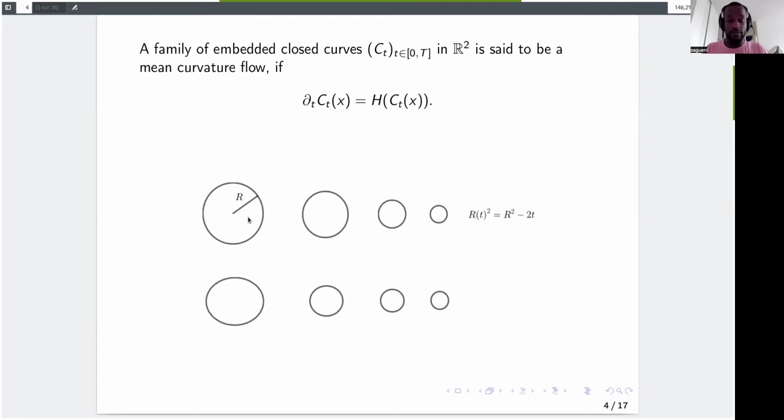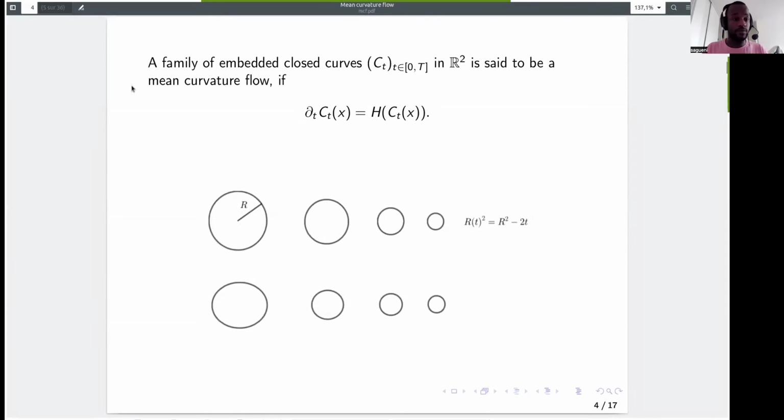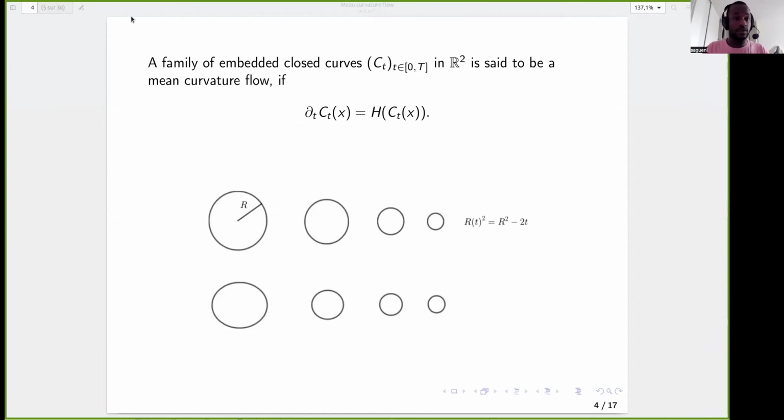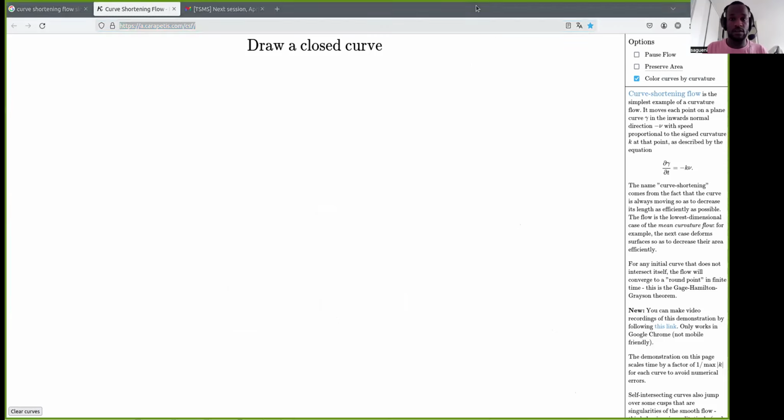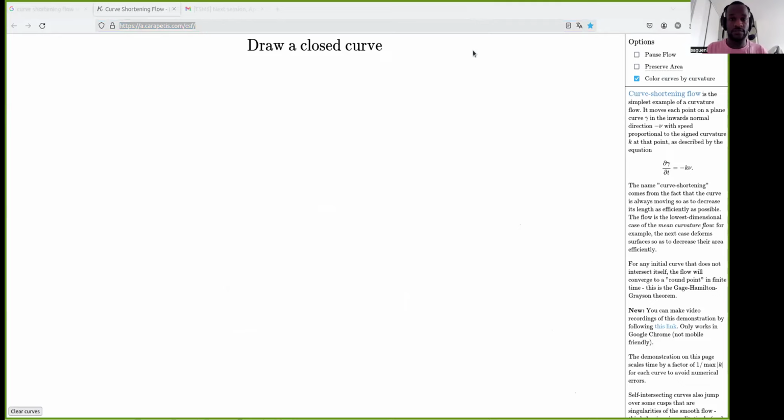Now I'm going to show you some other evolutions of curves by the mean curvature flow. I'm going to use a website, so I'm going to share my browser, and I'm going to send the link in the conversation.